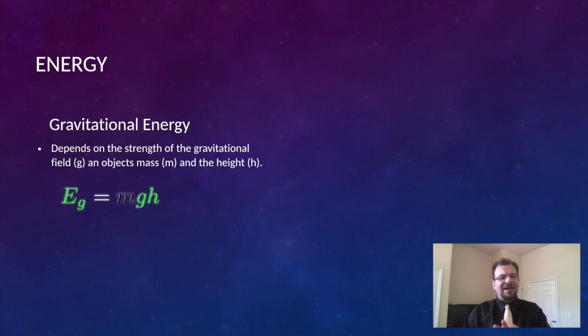So let's talk about energy now. So gravitational energy is dependent on the mass of the object, the strength of the gravitational field, G, and the height that you are, or rather the change in height from where you put your 0 point.